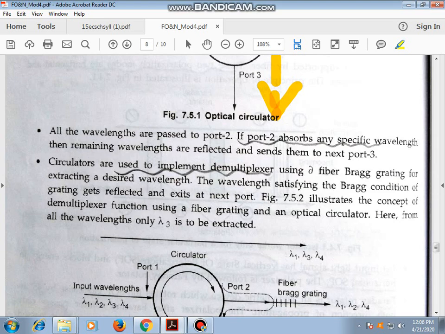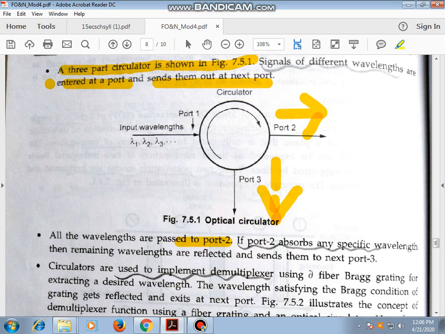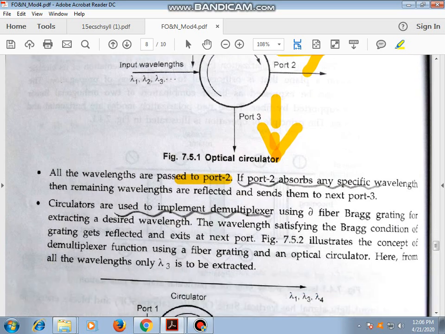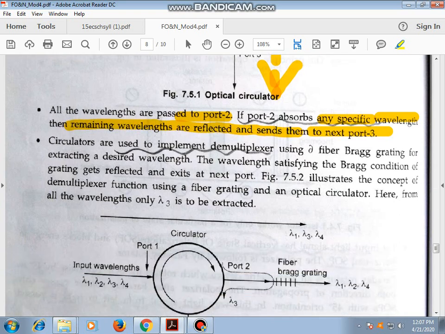All the wavelengths are passed to port 2. Passed to port 2 means this 2nd port should absorb some of the wavelengths. Whichever wavelength it does not absorb will be sent back to the 3rd port, so the 3rd port will absorb that particular wavelength. If port 2 absorbs any specific wavelength, then the remaining wavelengths are reflected and sent to the next port.